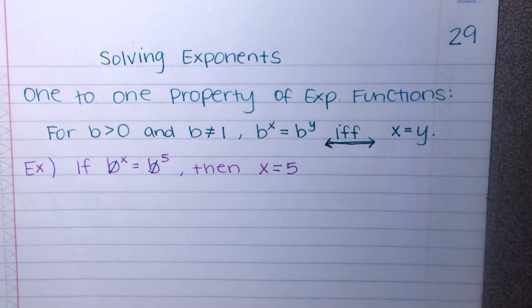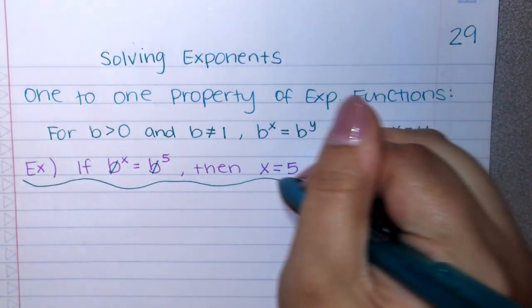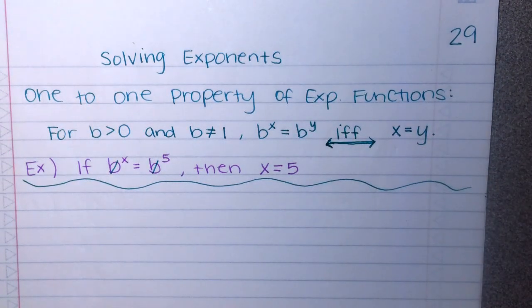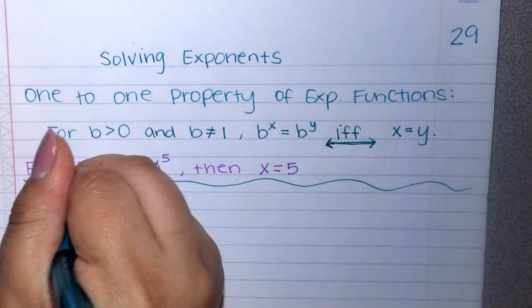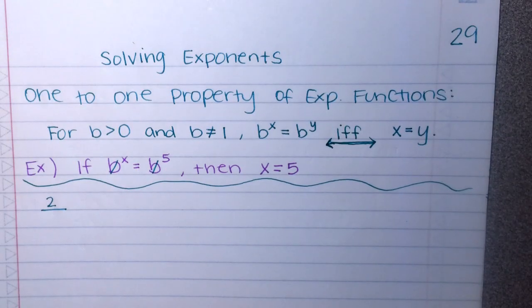Okay? So, before we get into solving, I just want to make sure you are aware of the exponents that I would like you to have memorized. I want you to have the following base 2 exponents memorized.